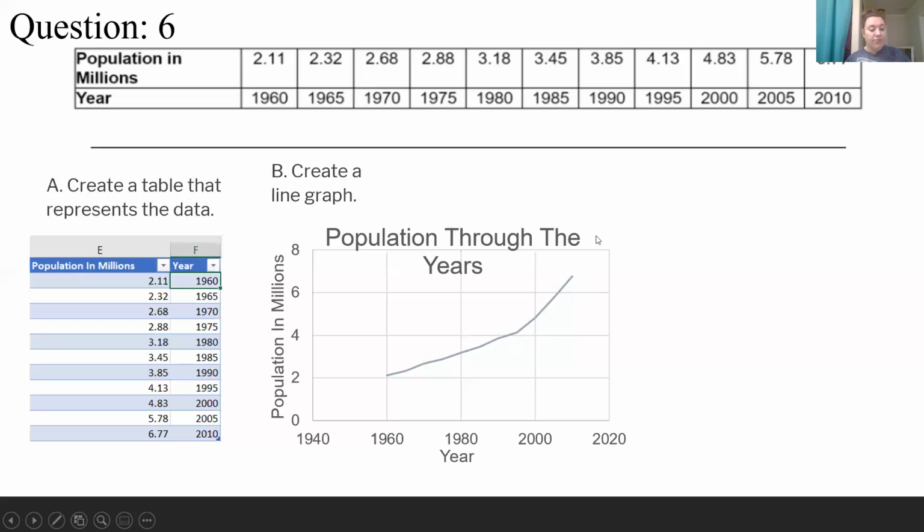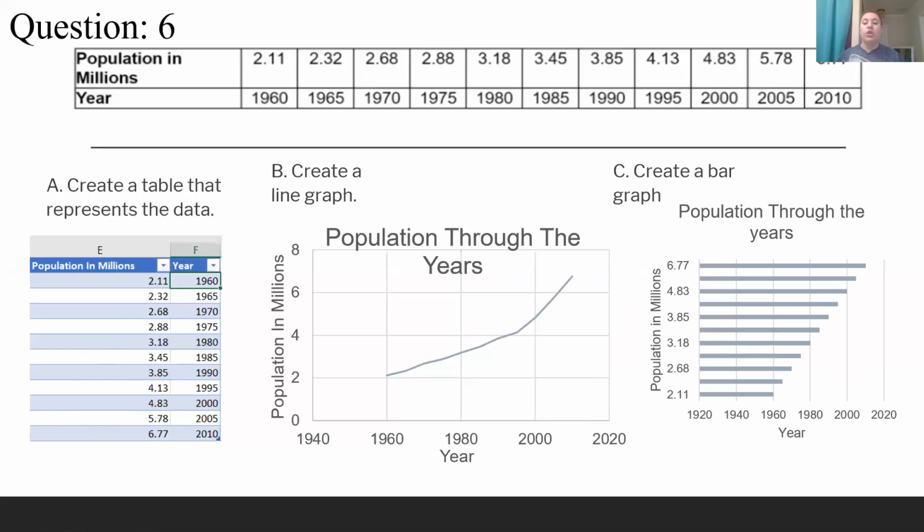It shot up pretty fast because at 1990, it went from 3.85 to 4.13 to 4.83 to 5.78 to 6.77. So it was pretty much going up by millions each year. It was a greater increase.